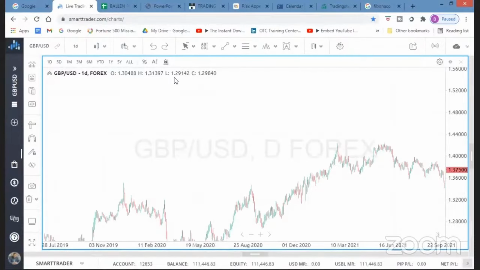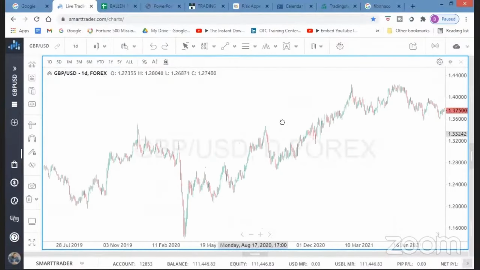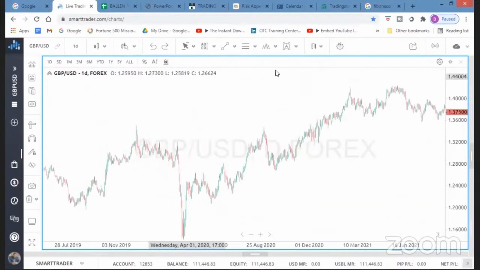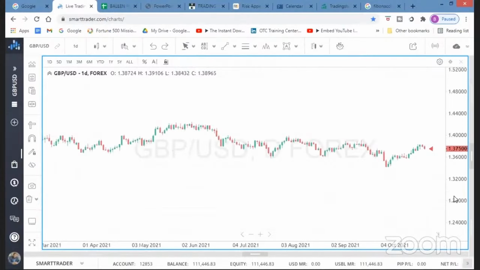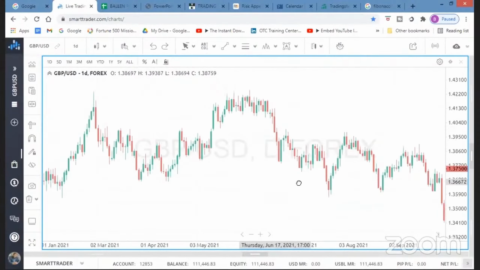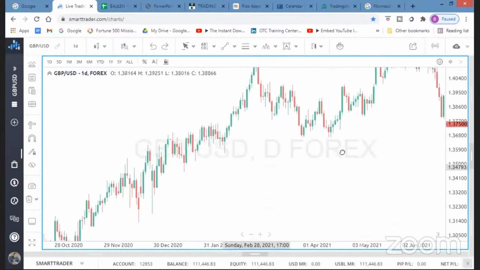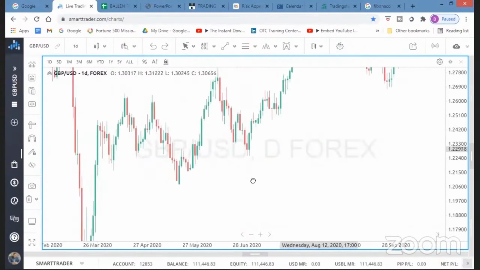But in order for us to move forward today, we're looking at the Great British Pound versus the US dollar chart, on a daily time frame. Each one of these candlesticks on the chart equals a day's worth of price action in the market, okay?